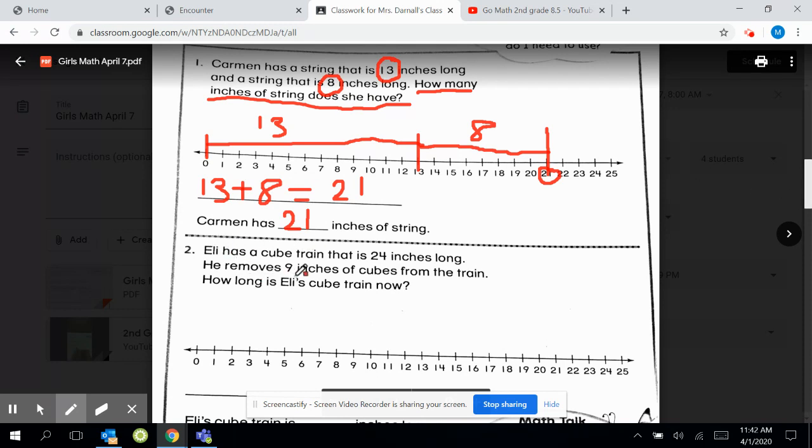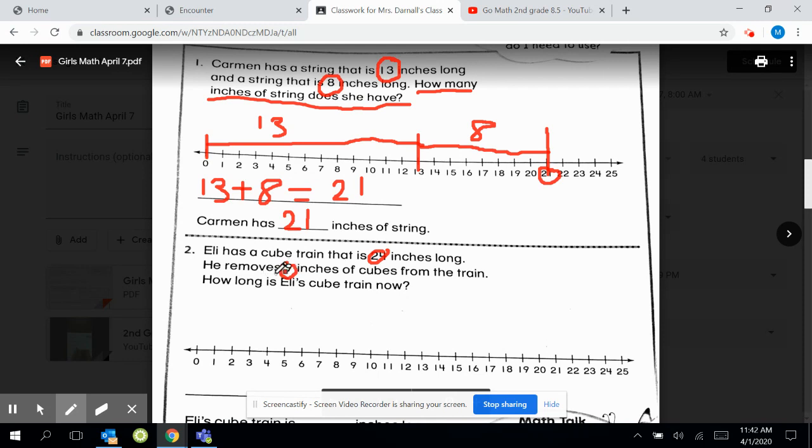Okay, let's do another question together. It says, Eli has a cube train that is 24 inches long. He removes 9 inches of cubes from the train. How long is Eli's train now? We need to find out how long Eli's train is. We're going to use these two numbers.